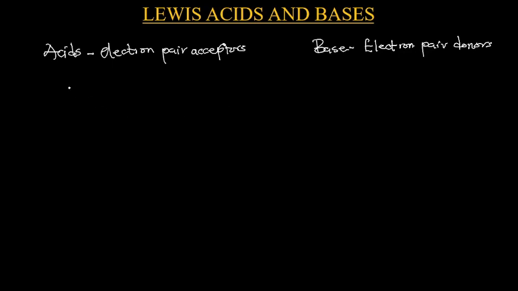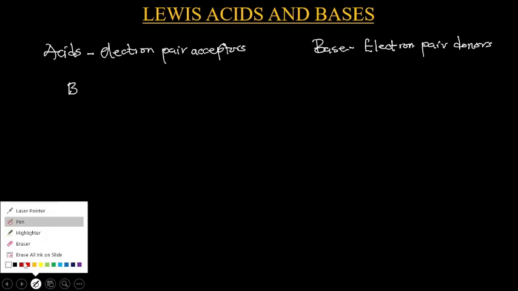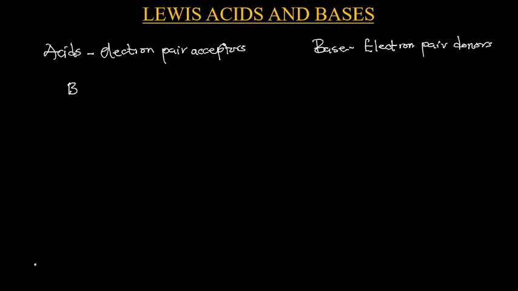So let's look at this illustration. Let's look at B with a lone pair on it. So there's a lone pair on B. As a result of that, it's going to have a negative charge.